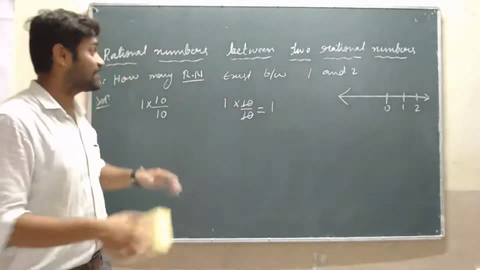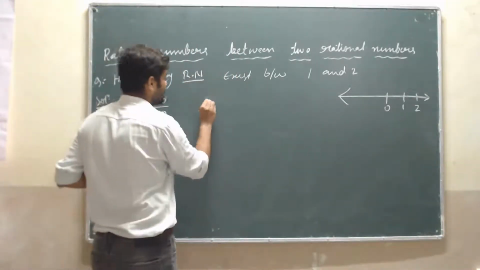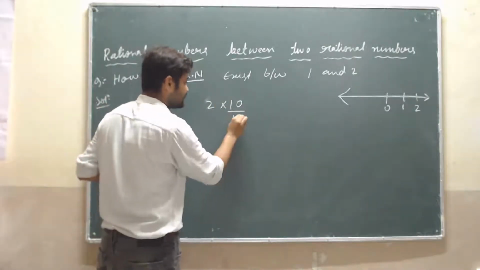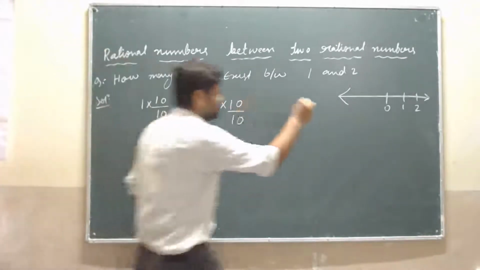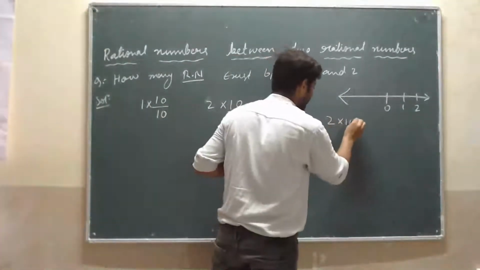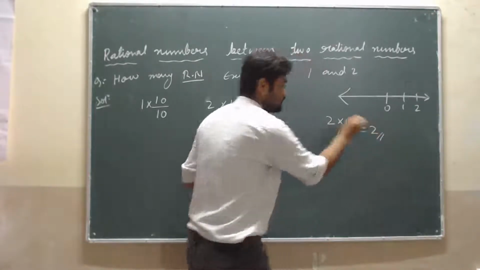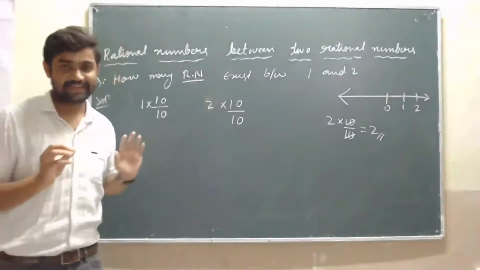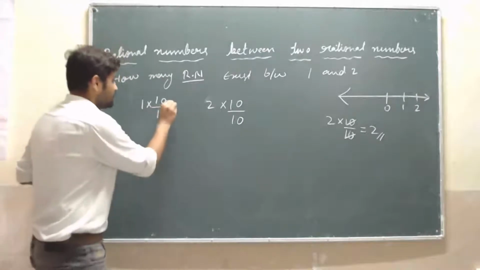Okay, another number we are having, that is 2. I will multiply and divide 2 by 10. Then 10 twos are 20 over 10, and the answer will be 2. That's why I have multiplied and divided by 10 for each number, that is 1 as well as 2.